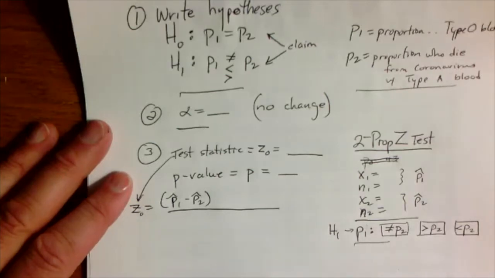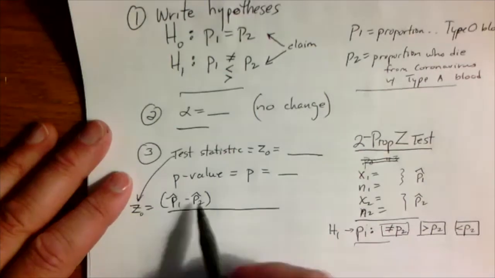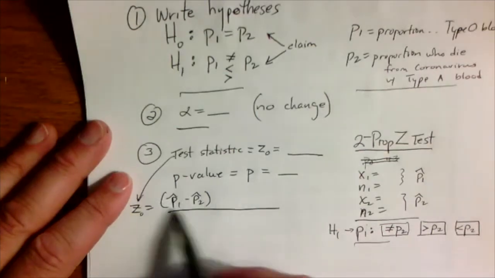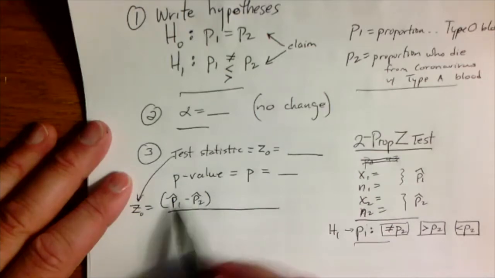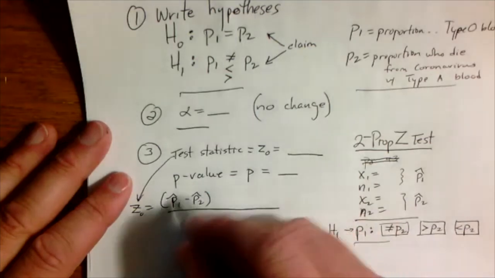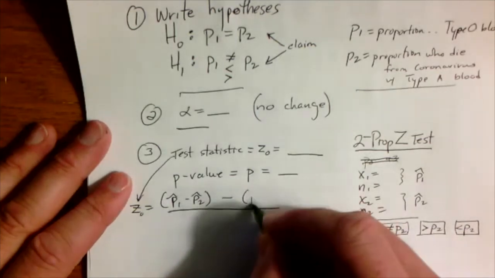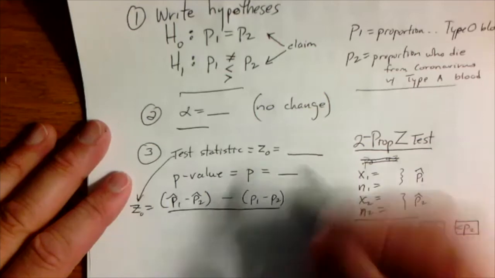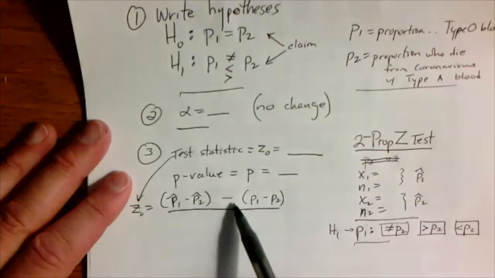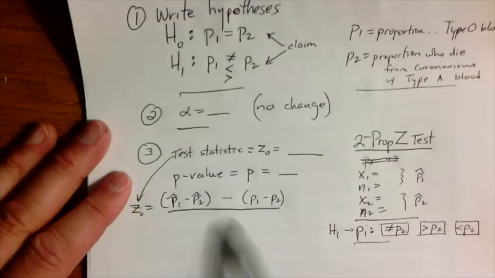And that's an unusual difference. So the statistic that we're finding the z-score for is the difference. And then we subtract the difference in the population proportions.